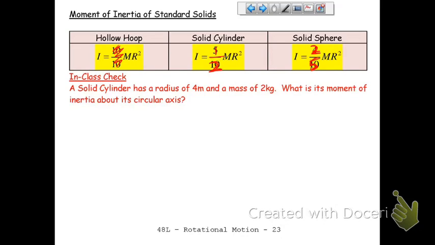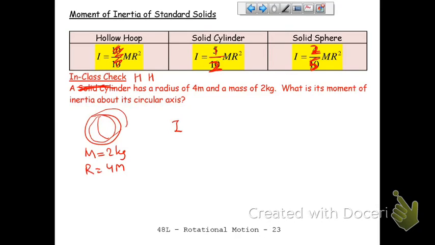So solid cylinder, I'm not going to do the solid cylinder all the time. Hollow hoop. So for the hollow hoop, I have a mass equal to 2 kilograms and R equal to 4 meters.